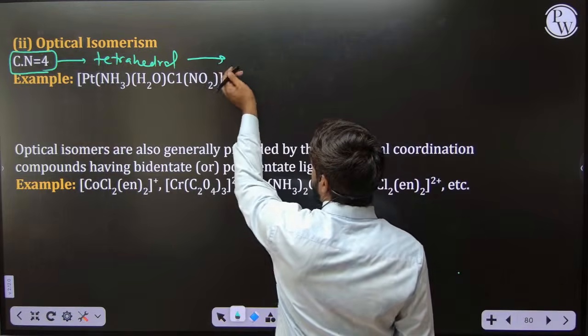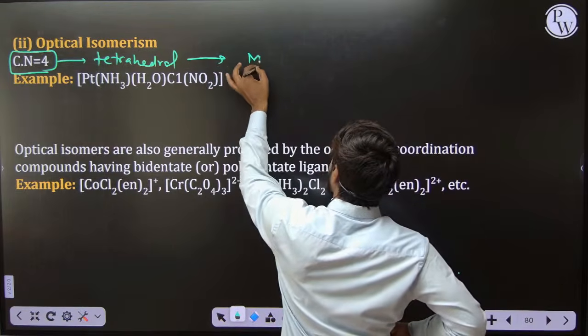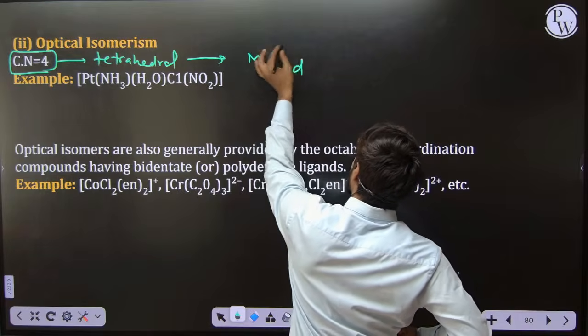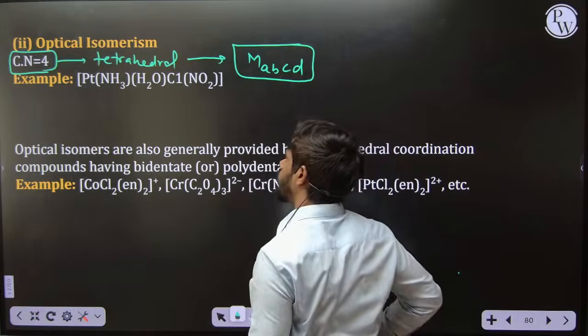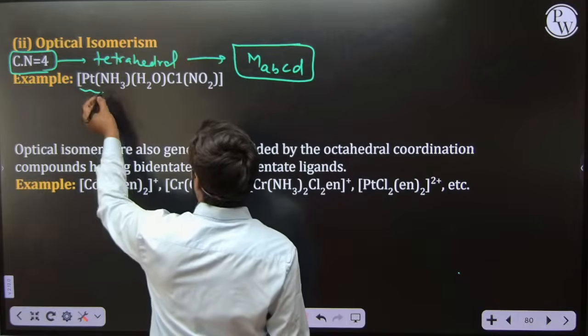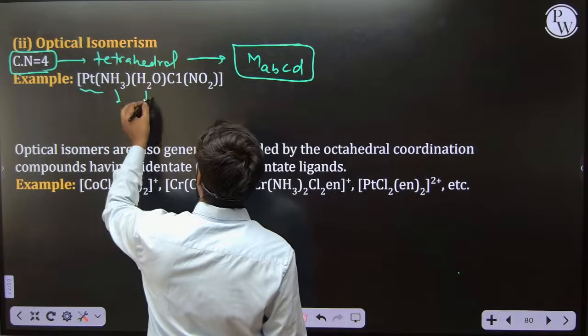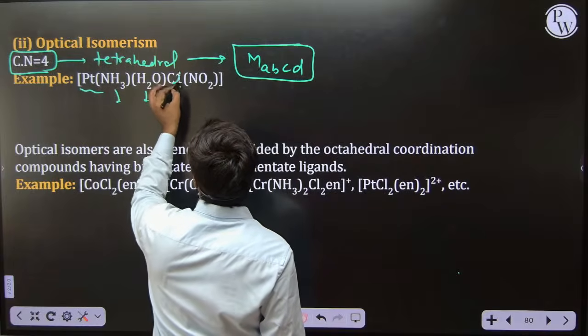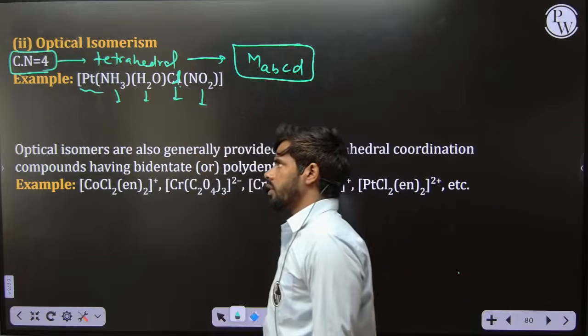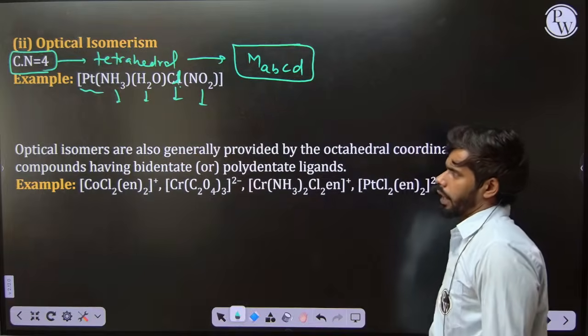In the tetrahedral case, MABCD, if all the ligands are different, only then can we have optical activity. For example, platinum with amine, aqua, chlorido and nitro, then we can say they have optical activity.